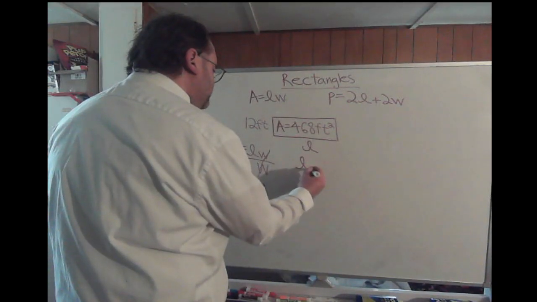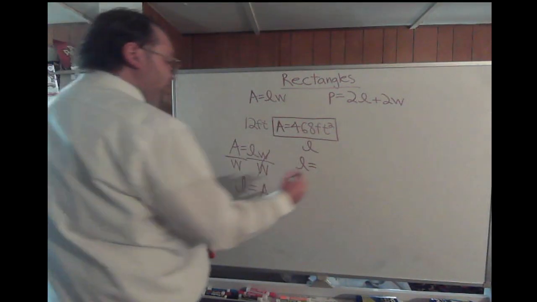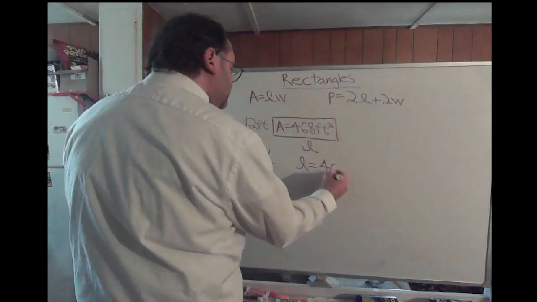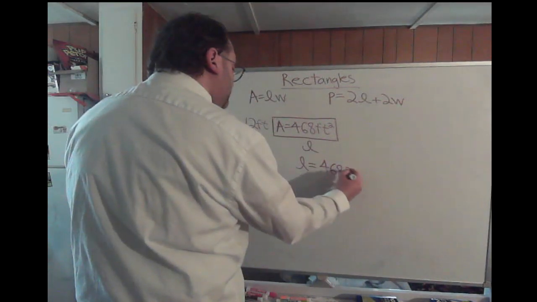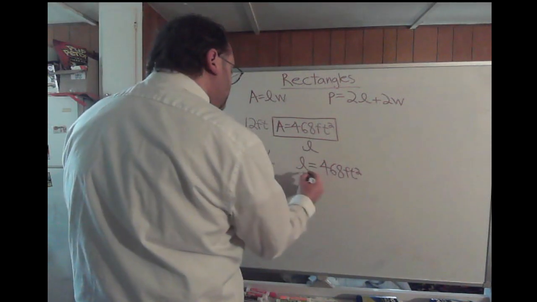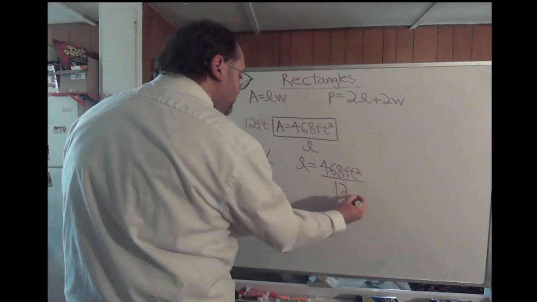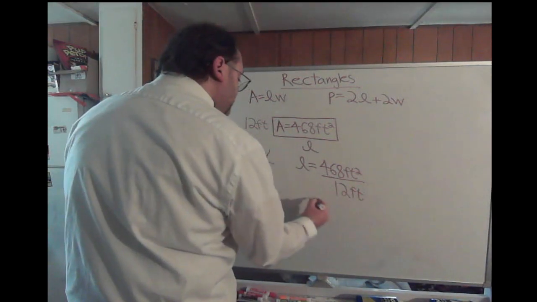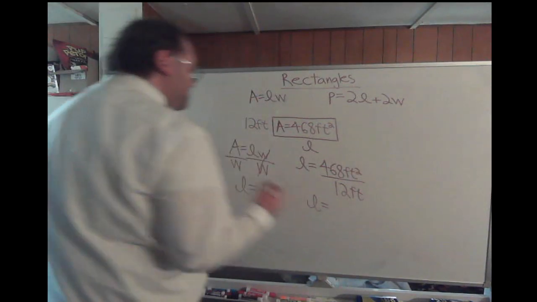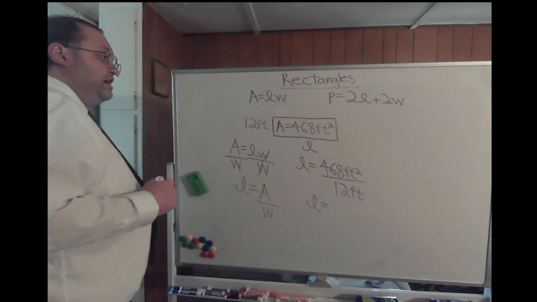If we want to get the missing length, you'll take the area, which is 468 square feet, over the width, which is 12 feet. So the length, let's do 468 divided by 12.